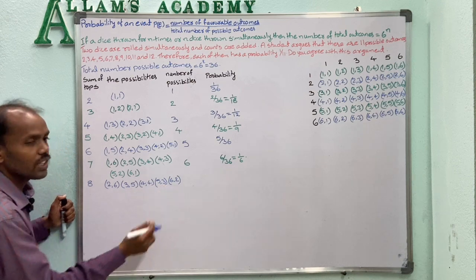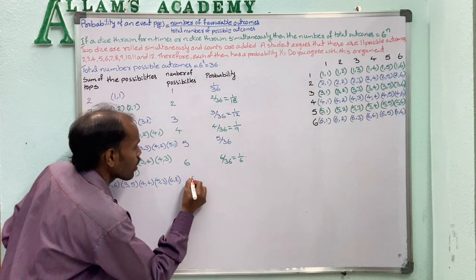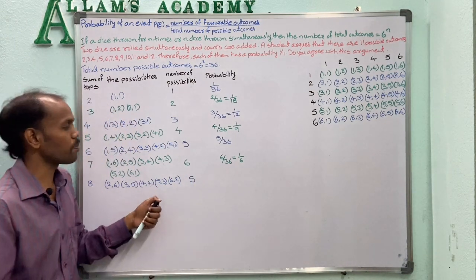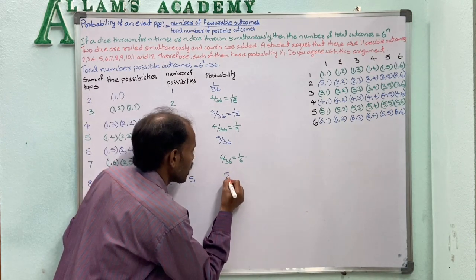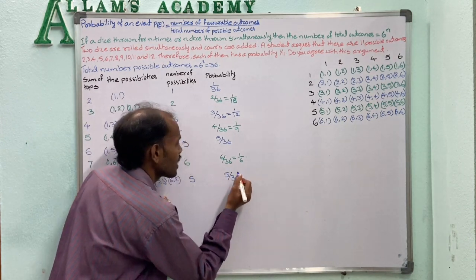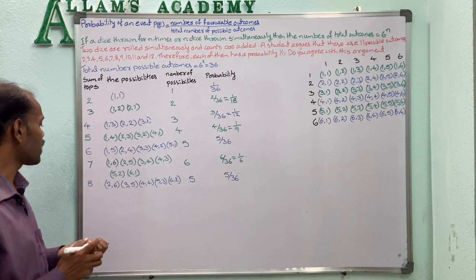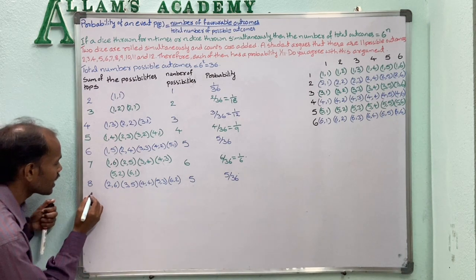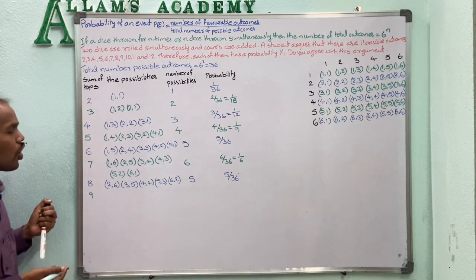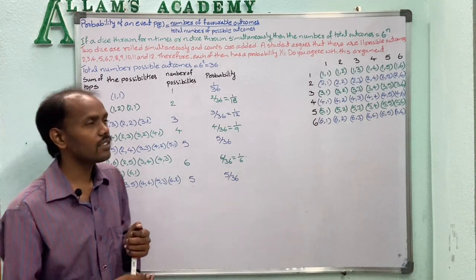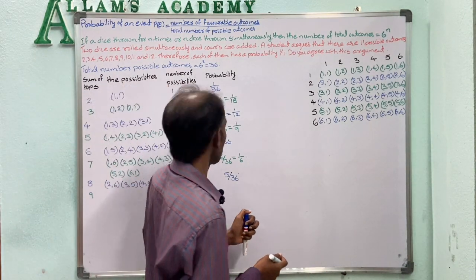So they are 5, and the favorable outcomes are 5. So its probability is nothing but 5 by 36.